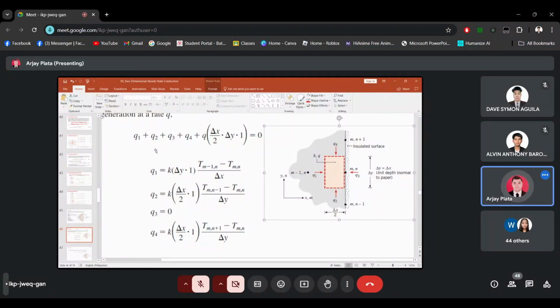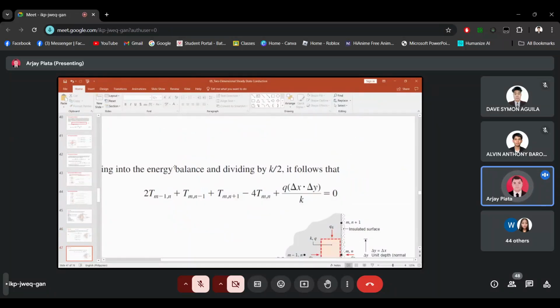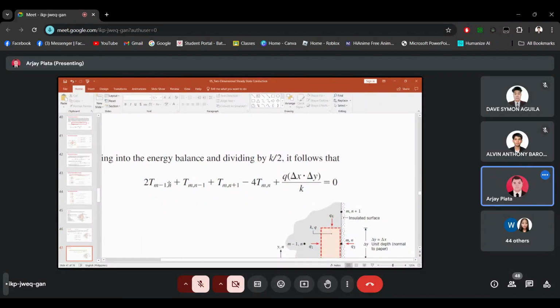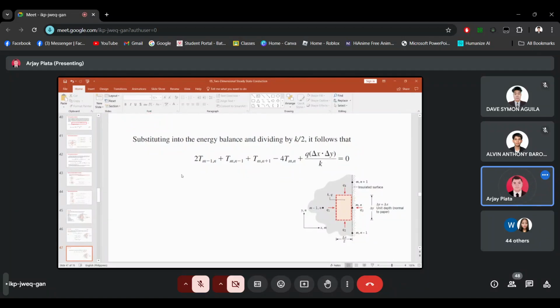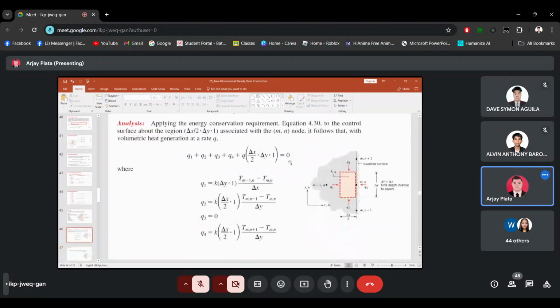Okay, so going back, if we add these, we will obtain this equation. Where does this 4T(m,n) come from? As you can see here, we have 1, 2, 3.